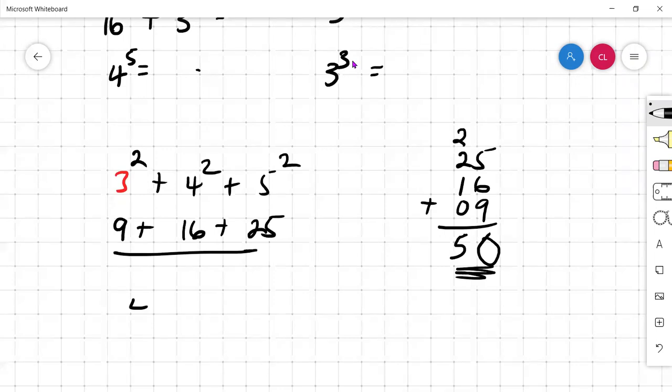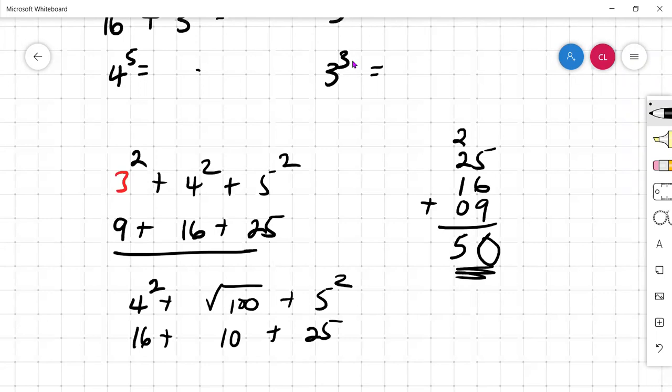this one. 4 squared plus the square root of 100 plus 5 squared. So what's 4 squared now? 16. 16 plus what's the square root of 100? 10. 10 plus 5 squared would be what? 25.